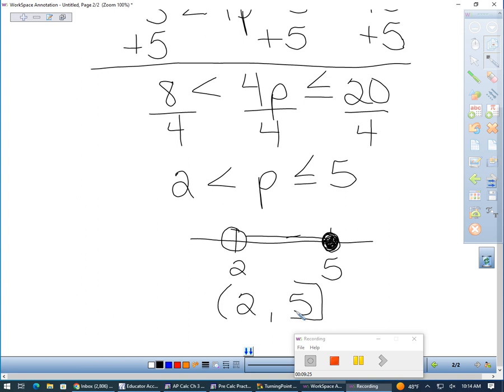Again, p is sandwiched in the middle, right? All of our answers are sandwiched in the middle. You'll notice that my signs are both pointing in this direction. It looks kind of weird, but if you read from p, this says p is greater than 2, which it is, and this says p is less than or equal to 5, which it is, right? And it works for both.